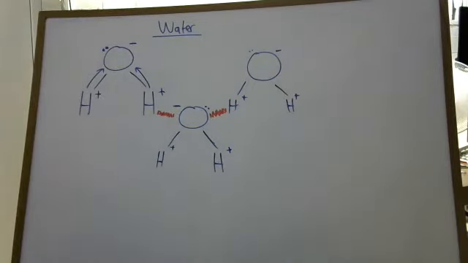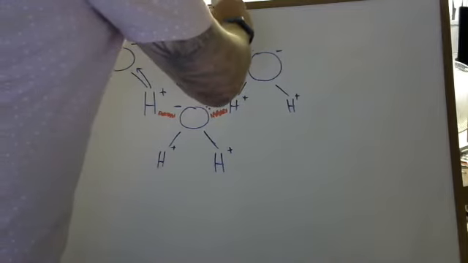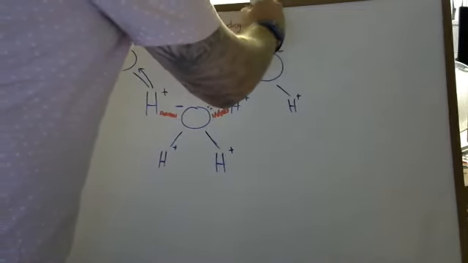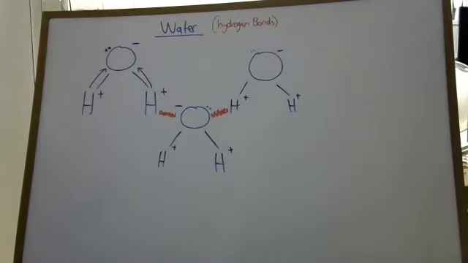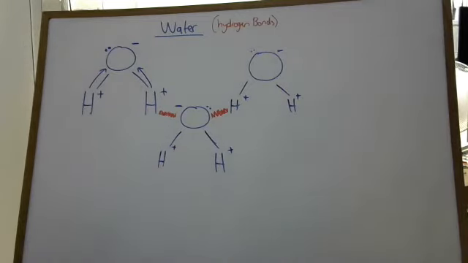So this is hydrogen bonding. When hydrogen is bound to oxygen, nitrogen, or fluorine, and you just keep building this lattice, and it becomes a diamond shape.